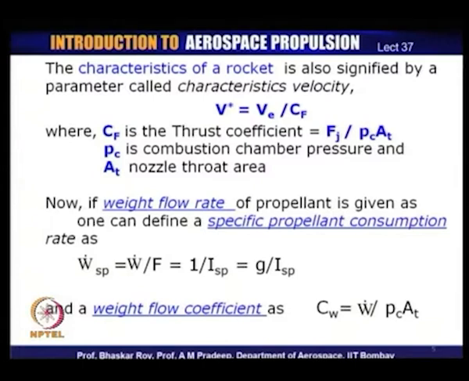So, the two coefficients that are now introduced, one is the weight flow coefficient, another of course, is the specific fuel consumption or specific propellant consumption. In case of rockets, as we know, it is fuel plus oxidizer, and as a result both of them together are here in this specific propellant consumption expressed in terms of weight flow.